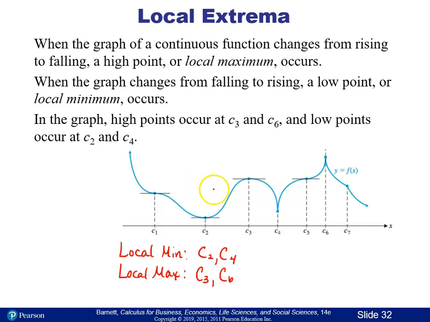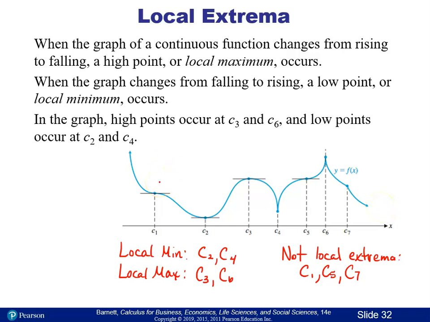When we look at the other values that are not local extrema, that would be C sub 1, because we don't change; we go from decreasing to decreasing. And also here at C sub 5, we go from increasing to still increasing more. And then again at C sub 7, because we don't change, we go decreasing, decreasing.